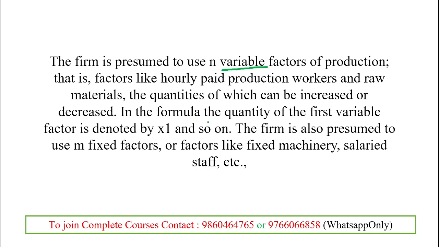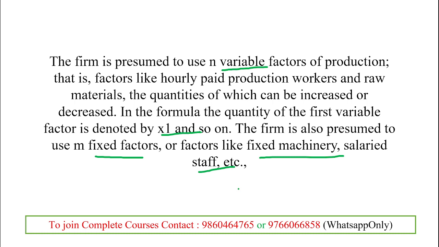In the formula, the quantity of the first variable factor is denoted by x1, and the firm is presumed to use n variable factors and m fixed factors, with fixed factors like machinery, salaried staff, etc. We can imagine that for a firm producing a large output with fixed machinery, it is very difficult to change the machinery from time to time.